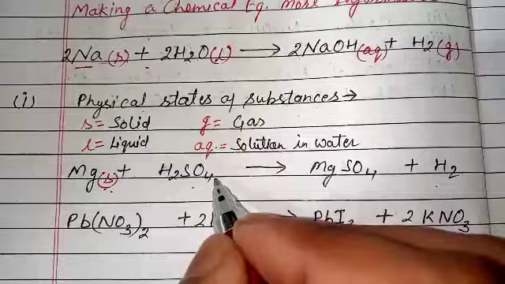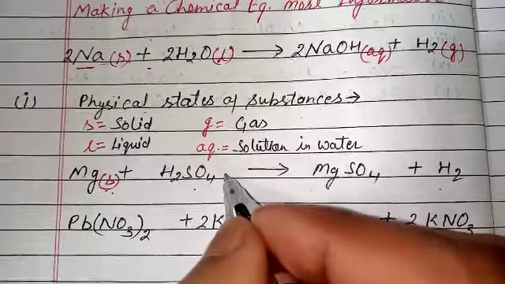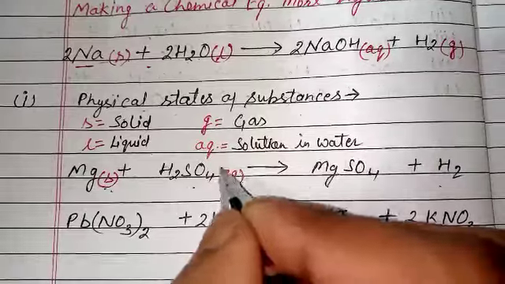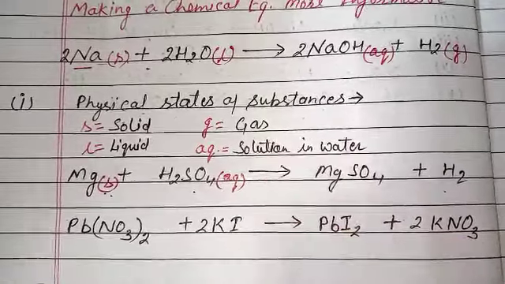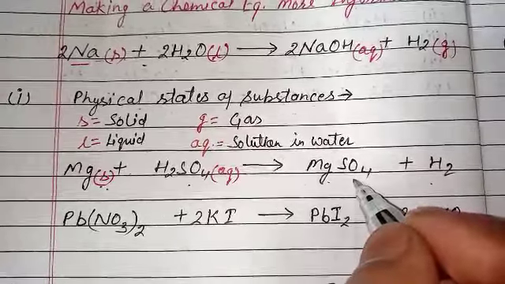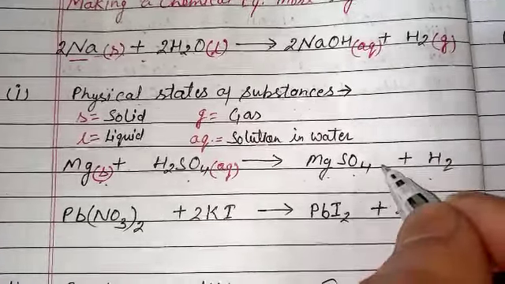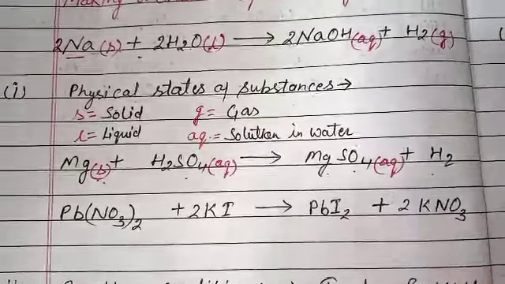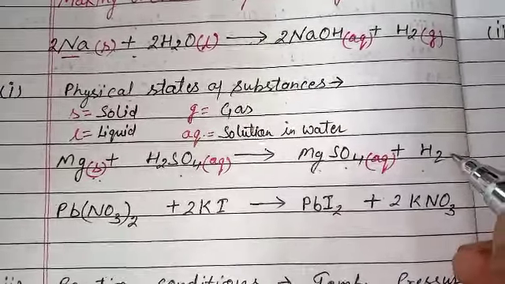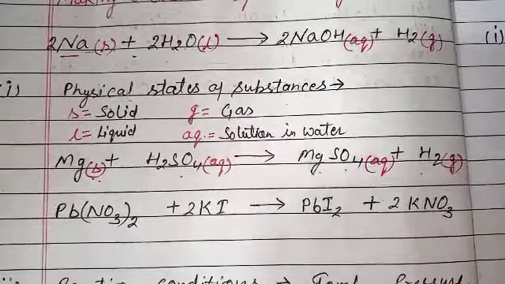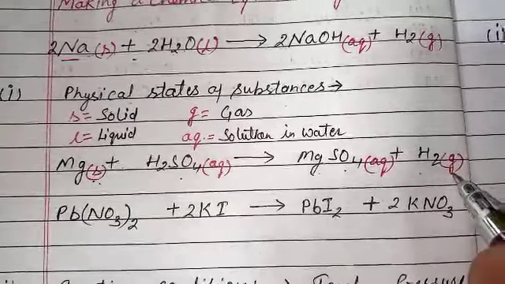Similarly, H2SO4 is an acid, and acids are always taken in aqueous solution, so we will write AQ here. Similarly, magnesium sulfate is a salt which is formed in the form of an aqueous solution, so we will write AQ here. Similarly, the hydrogen gas is evolved during this reaction, so we will write G here.